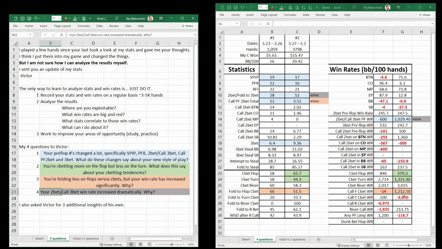So once again, just like correlating down here, right? He's better able to defend versus c-bets, maybe check raise for value, check call 3 streets for value versus a loose aggressive player. Whatever the case is, right? But this increase in folds led to a big increase in profitability.